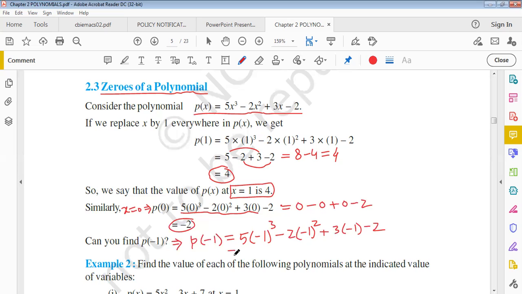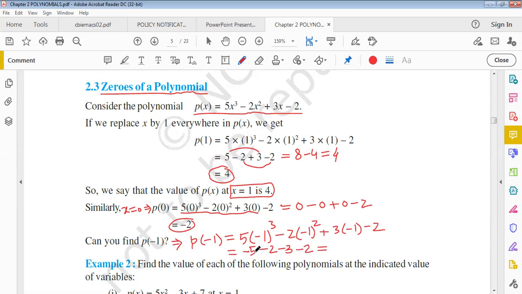So simplify this. -1 का क्यूब क्या होगा? माइनस होगा, -1 into 5 is -5, then minus square of -1 is 1, 1 multiplied by -2 is -2. The term 3 into -1 is also negative, it is -3, and the last term is -2. So all the terms are negative.